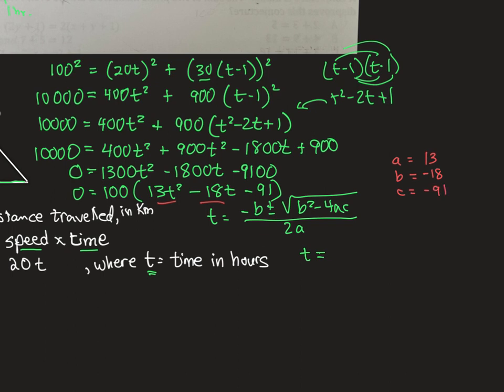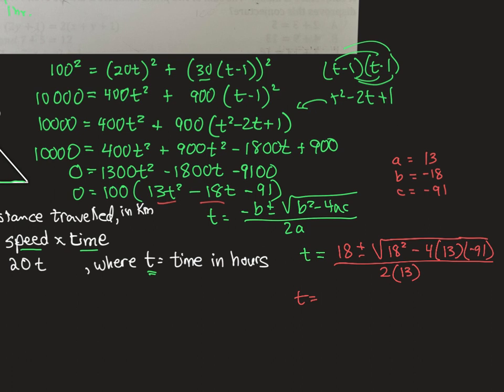So we put that in, we get negative b, like negative 18, so positive 18, plus or minus the root of. And I know I'm going to square negative 18, so I'm just going to write 18 squared, because it ends up being positive anyways when you square something. And then we have minus 4 times 13 times negative 91, all over 2 times a, which was 13.